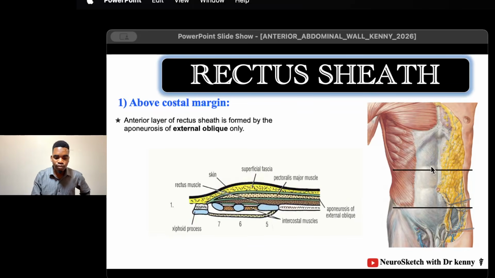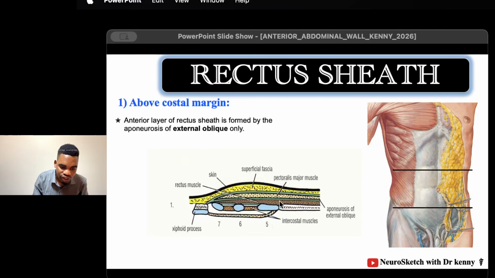For example, above the costal margin, the anterior layer of the rectus sheath is formed only by the aponeurosis of the external oblique abdominis.